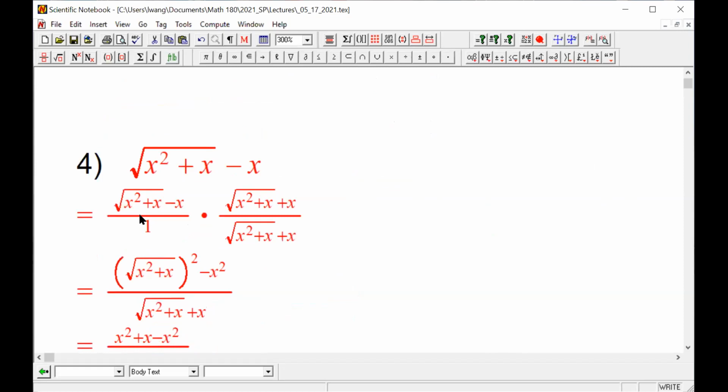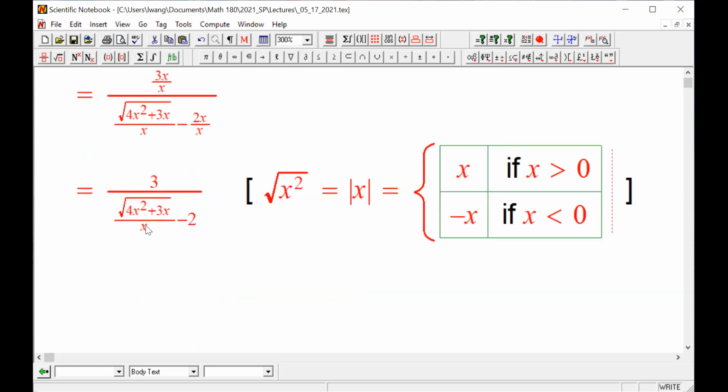What you want to do is absorb this x inside the root, the square root. But how do you get there? You can't just take it inside and turn it into x squared. You have to be mindful of the sign of x. So I'm going to put a note here to see how this is worked out.